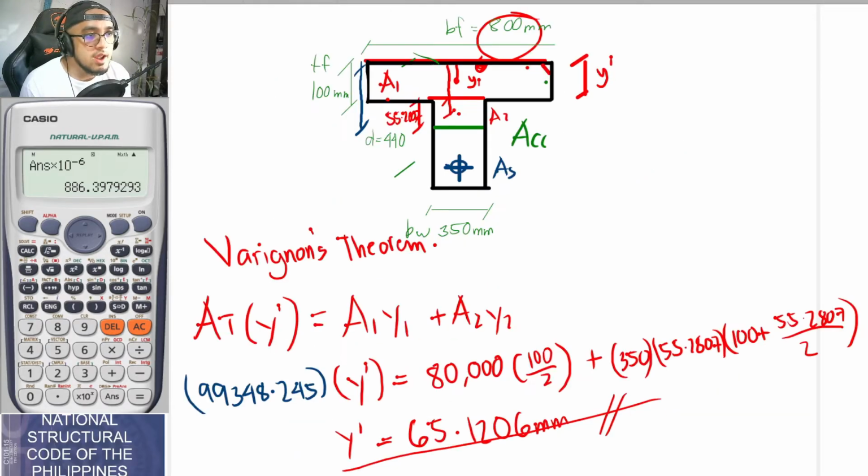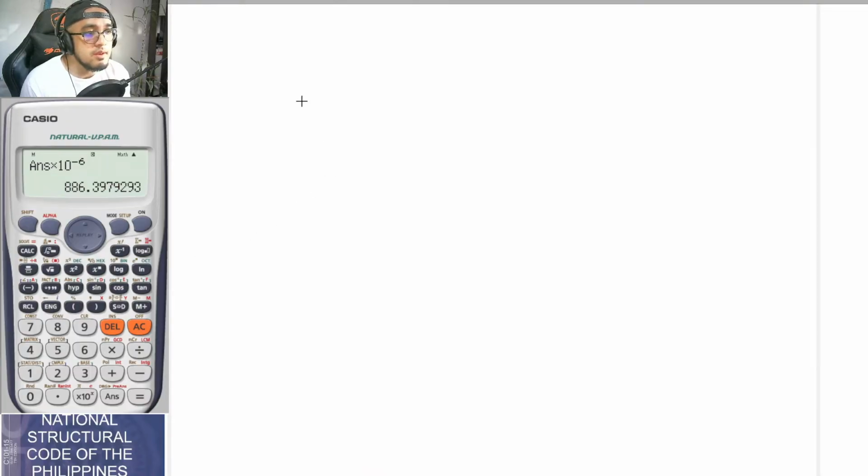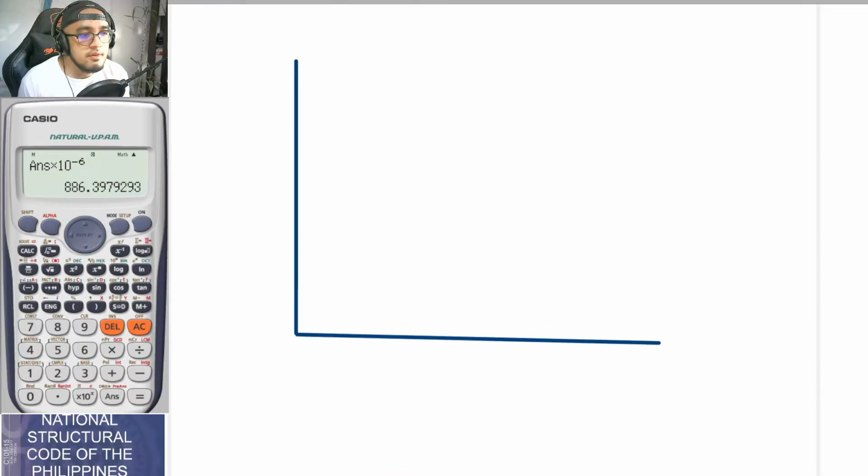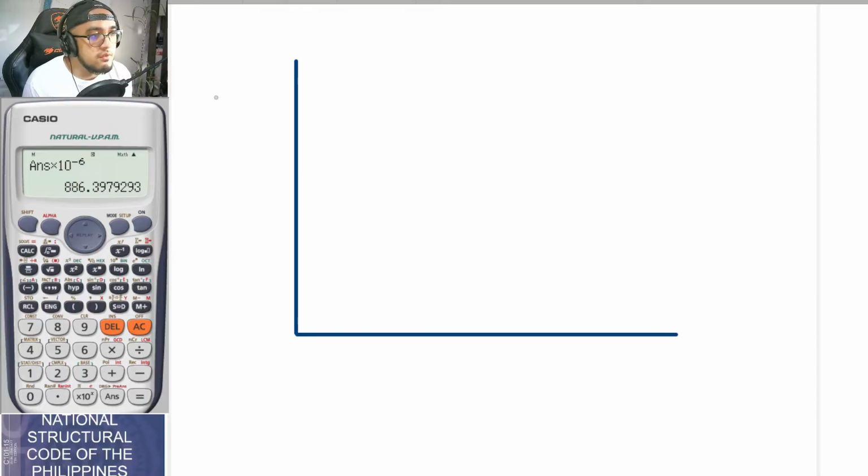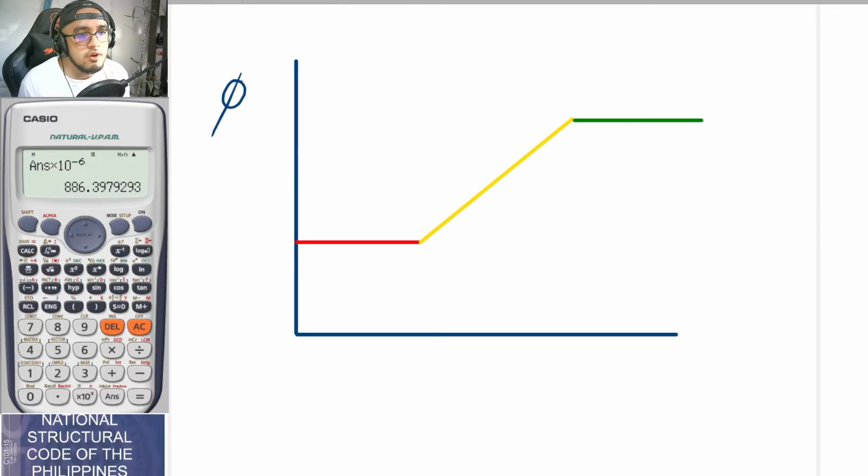Okay, so if you can remember this graph, so this is for the value for your phi and etc. Let's say that this is to be for your compression controlled region, which is not allowed by the code. Let's say that this is to be your transition zone. And let us say that this is to be for your tension controlled region. So compression, transition, tension.